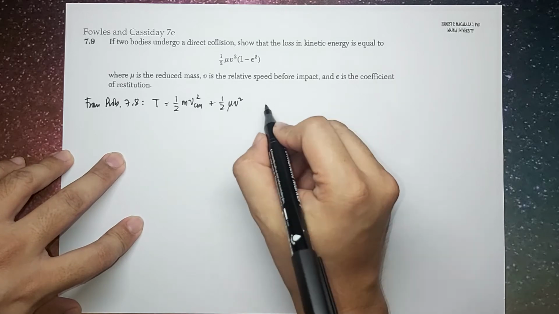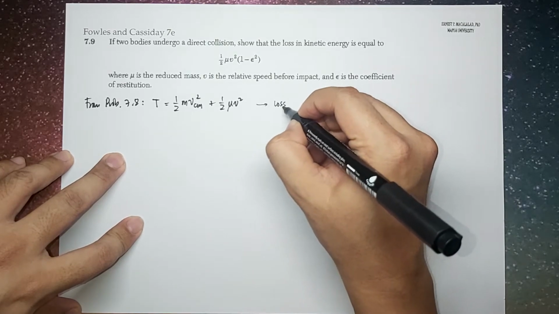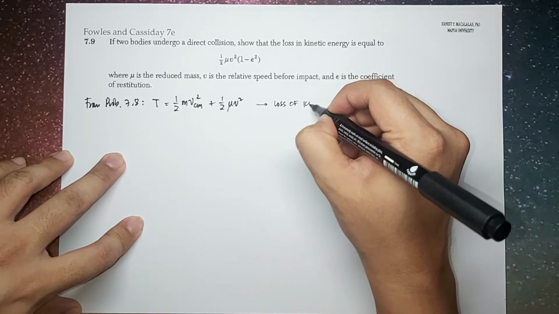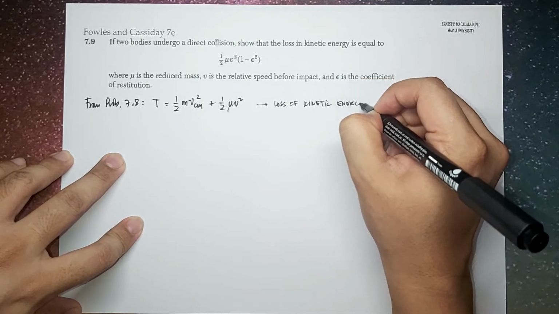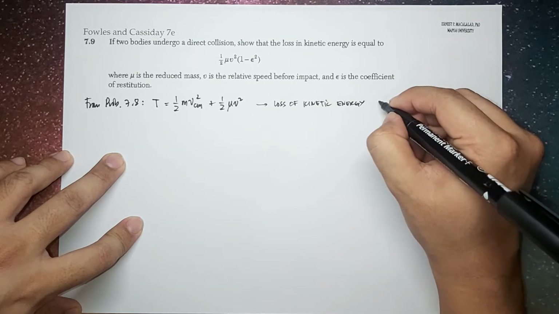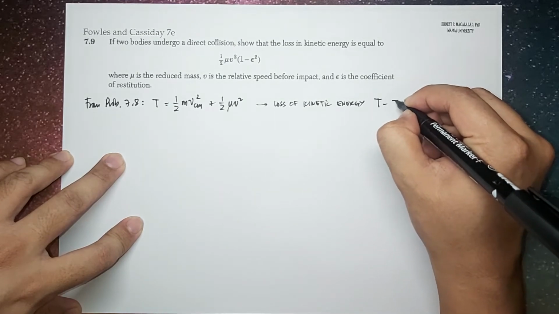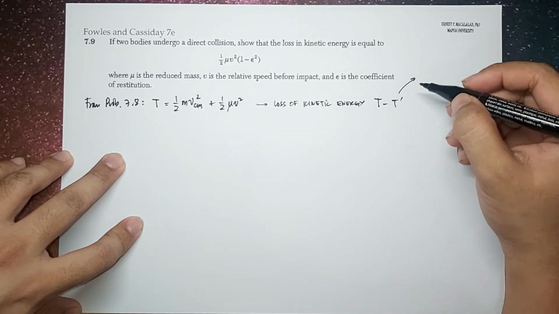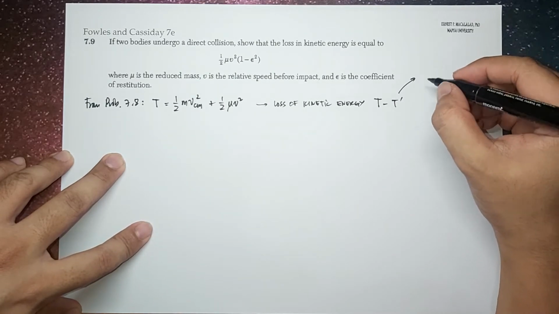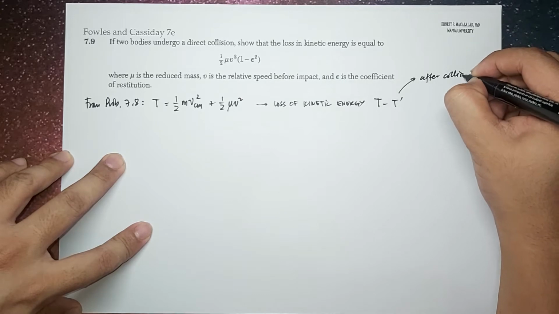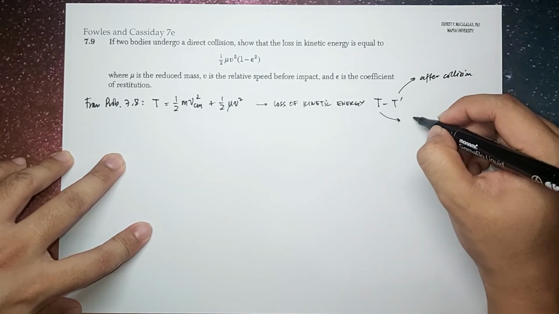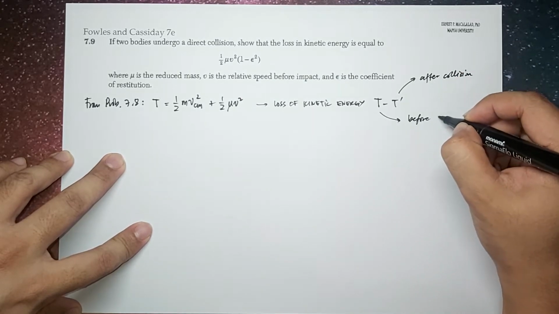Okay, so we can define the loss of kinetic energy to be T minus T prime, where T prime is the kinetic energy after collision and T is the kinetic energy before.